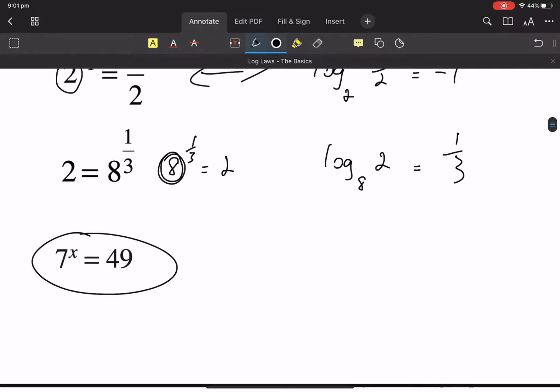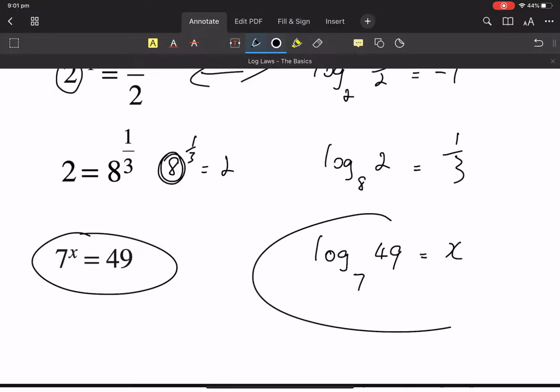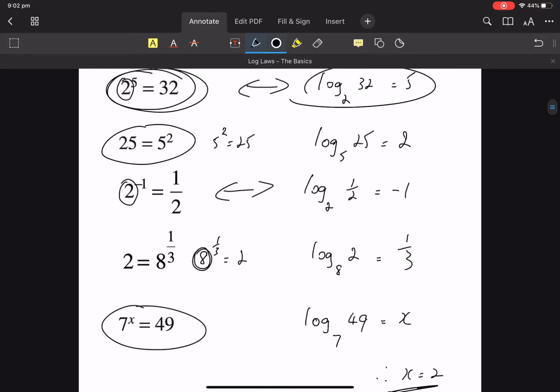Log 7 to the x is 49. So if this was a question, I could say solve for x, and you would need to know that it needs to be 7 to what power is 49, and you would come up with the answer. Therefore, x equals 2.